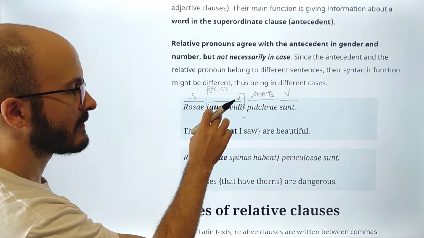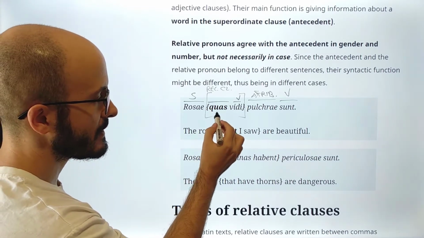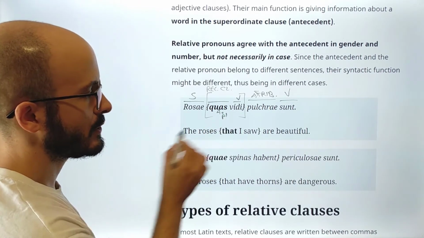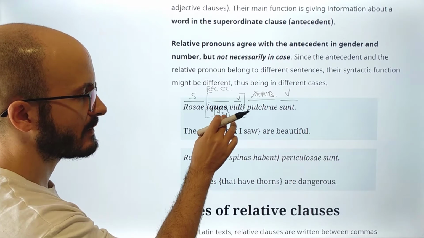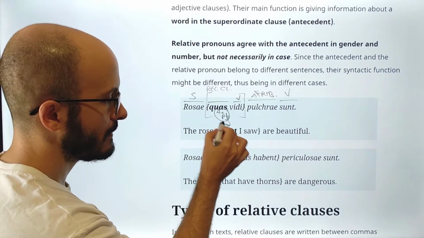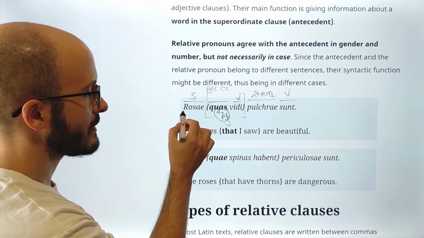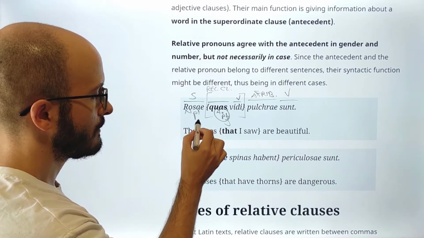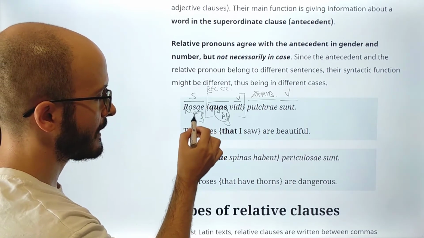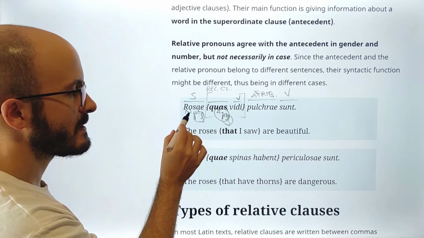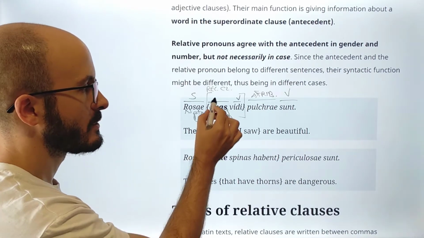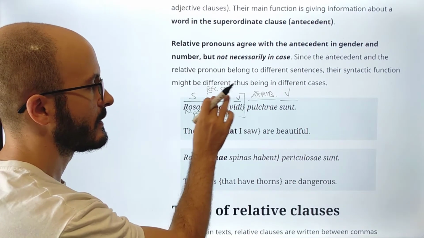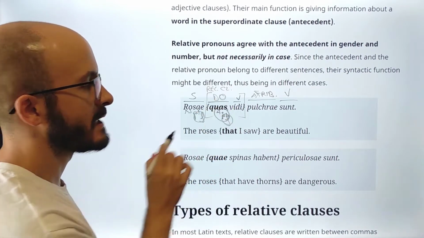Now, the relative clause, you see here that this is accusative plural. So if it is accusative plural feminine, notice that this is nominative plural feminine. So plural feminine, but this is nominative, this is accusative. So this is the direct object.